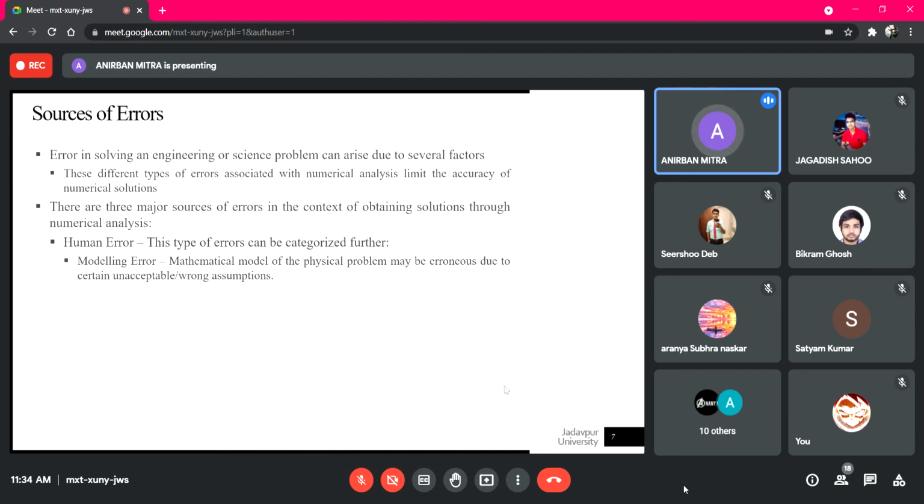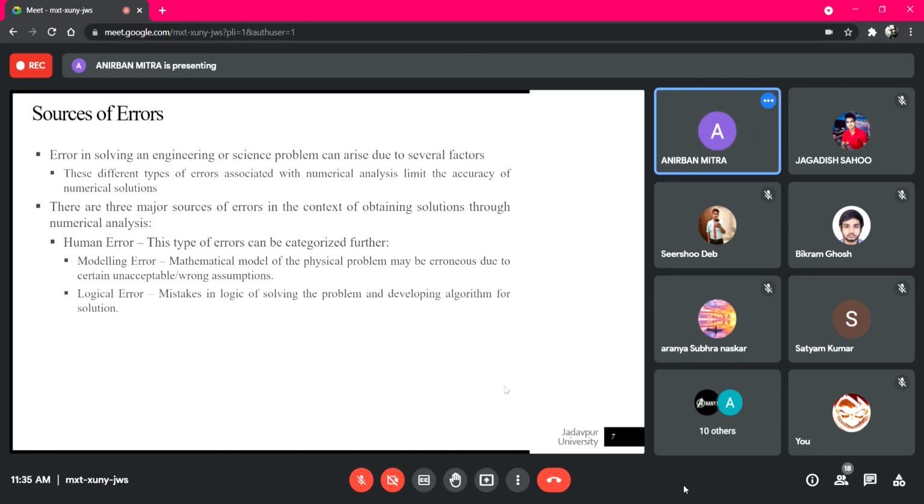Even if you have solved the problem correctly, you have used the appropriate numerical methods and obtained a result with sufficiently less amount of numerical errors, then also it will give you an erroneous result because your mathematical model itself is wrong. So that is the kind of error that we characterize under modeling error.